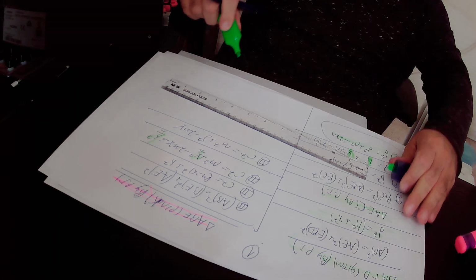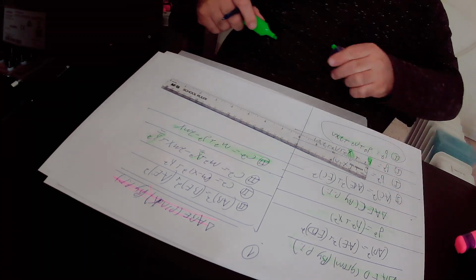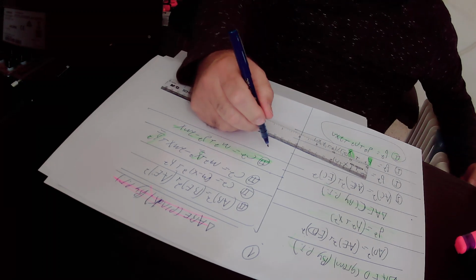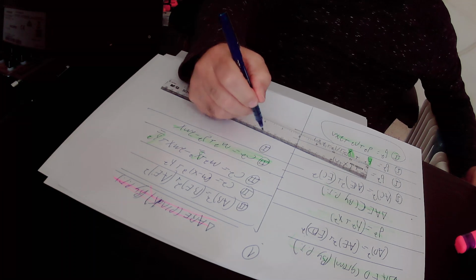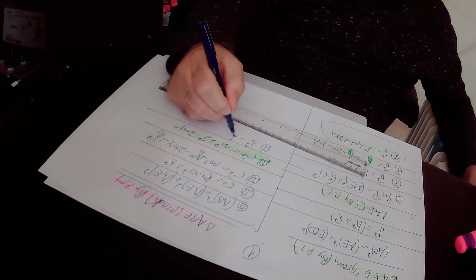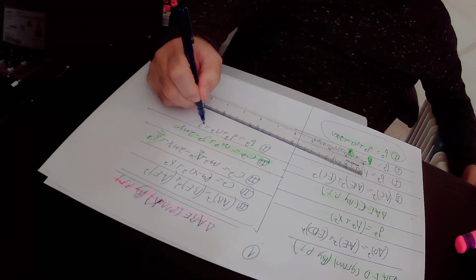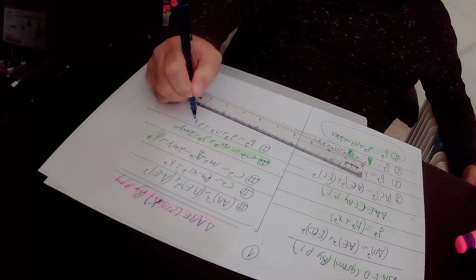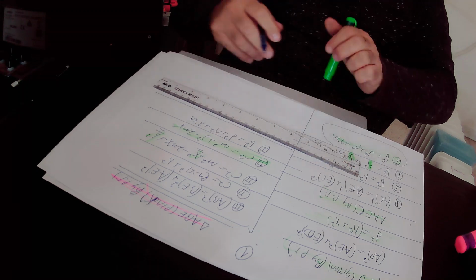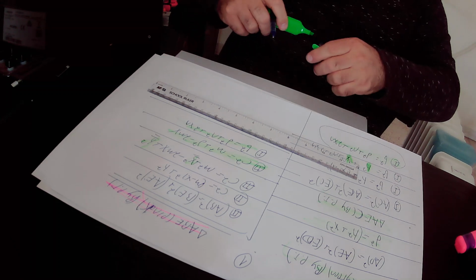In conclusion, according to equation number 2, c squared equals to m squared plus d squared minus 2 times mx. According to equation number 1, we have already found out that b squared equals to d squared plus n squared plus 2 times xn.